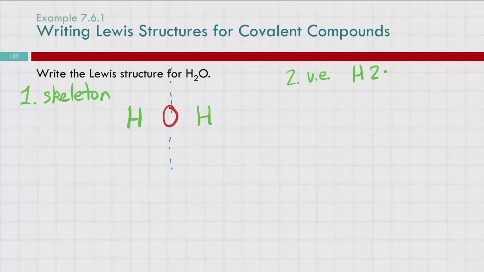How many dots would we give it? 1. So that's a total of 2 valence electrons from our hydrogens. We also have an oxygen. We've got 1 of them. How many dots does an oxygen get? It's going to get 6. 1 times 6, easy math. That's 6. So we've got 8 valence electrons, 8 dots that we get to play with.